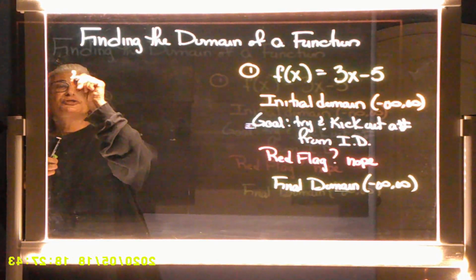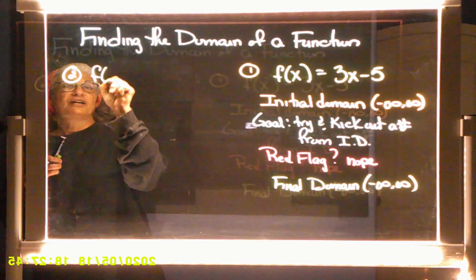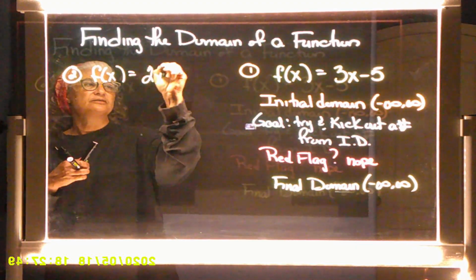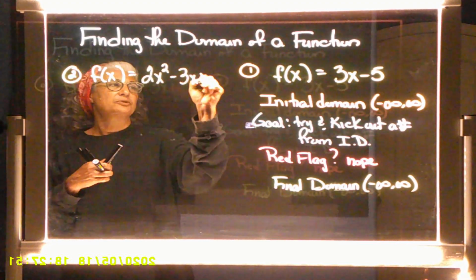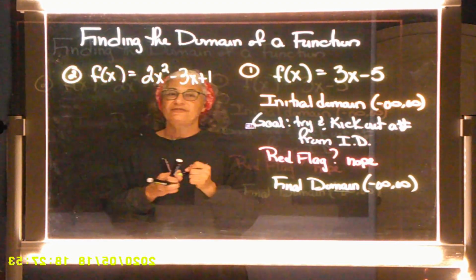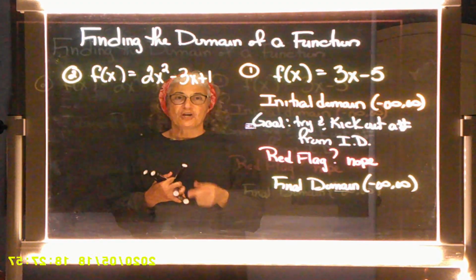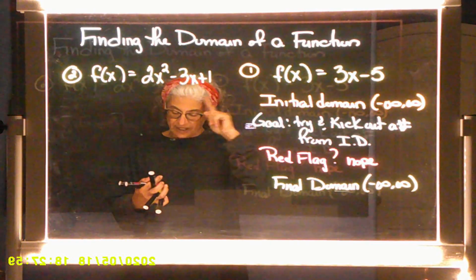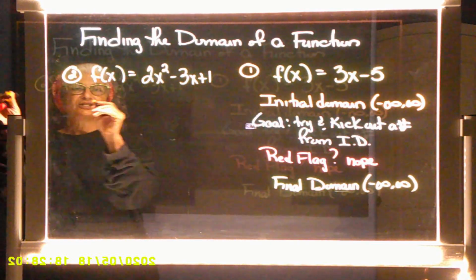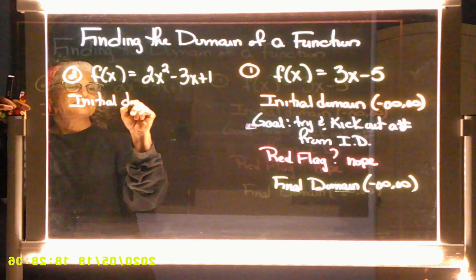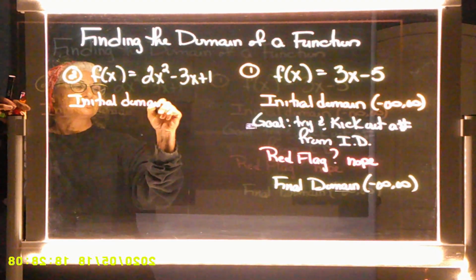So, problem number 2. I have f of x equaling 2x squared minus 3x plus 1, and I'm trying to find the domain of this particular function. With me? Okay, so just like before, I need to remember there's always an initial domain, and my initial domain is negative infinity to positive infinity.